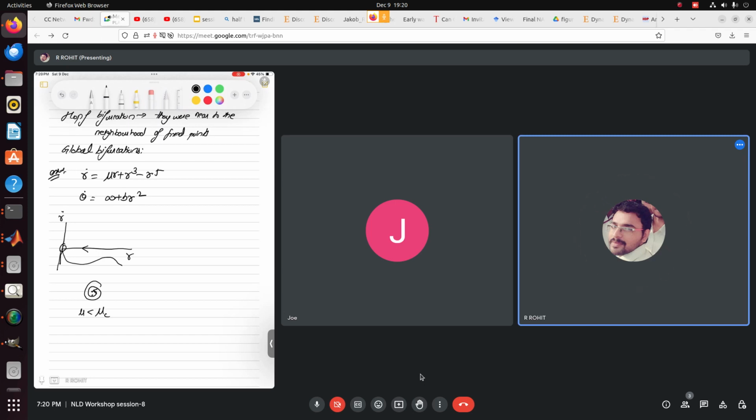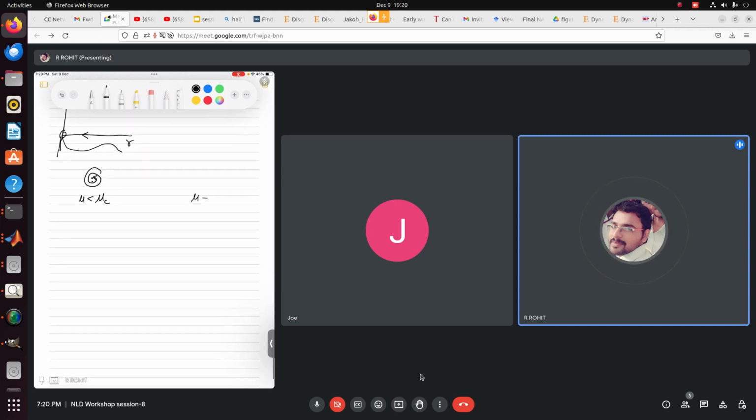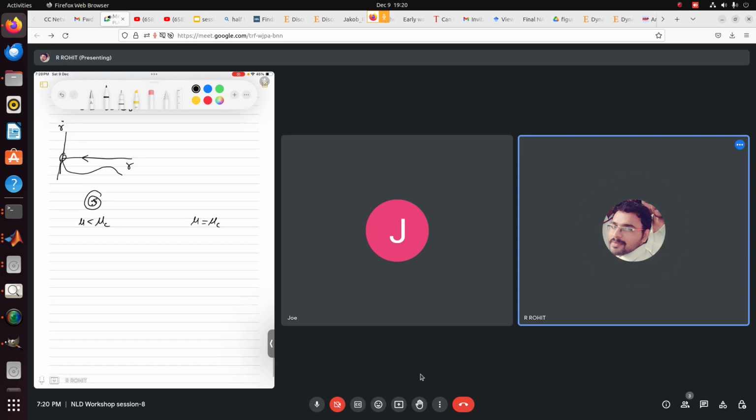Whereas when mu is equal to the critical value and you plot the curve r dot, this curve slowly lifts up and becomes a tangent. Since this part is negative, the arrow goes this way, and this part is also negative, so you have a half stable fixed point here.